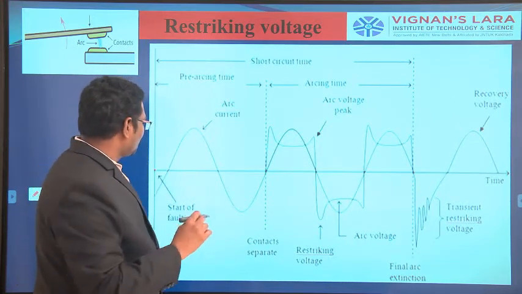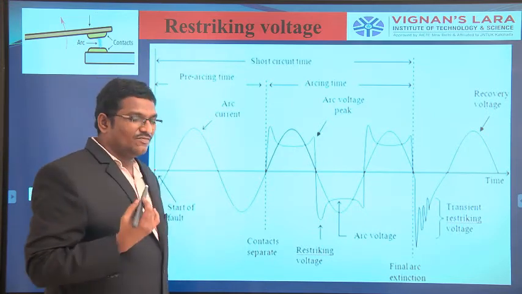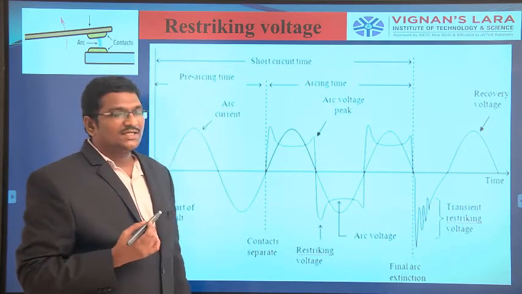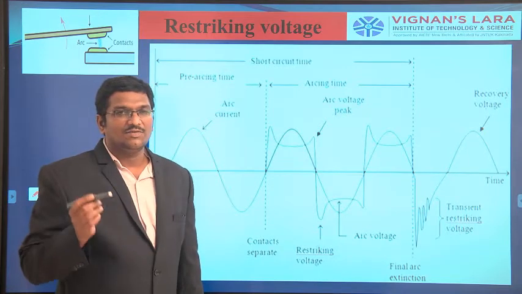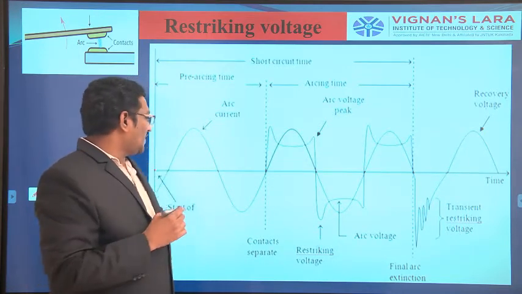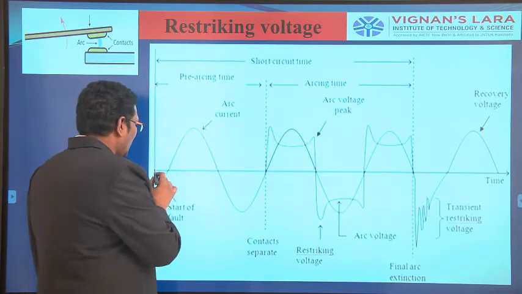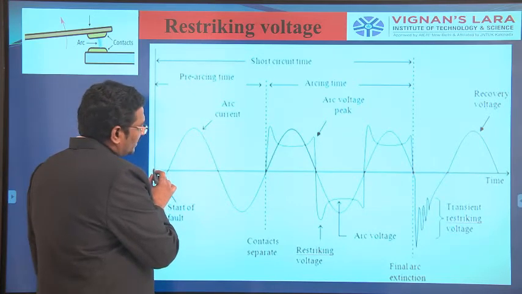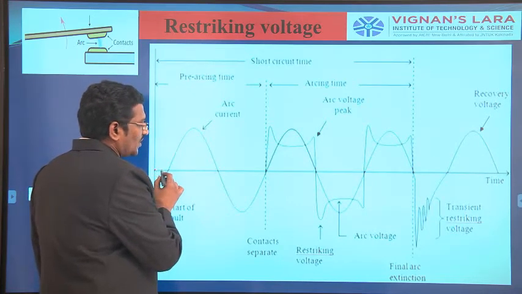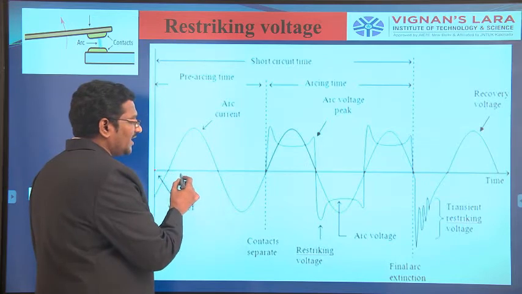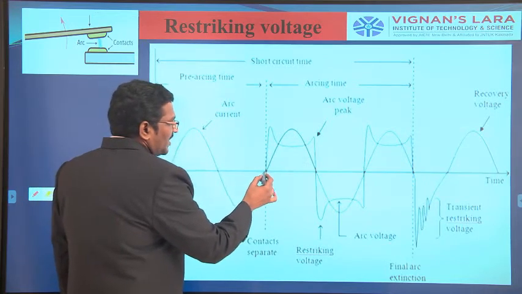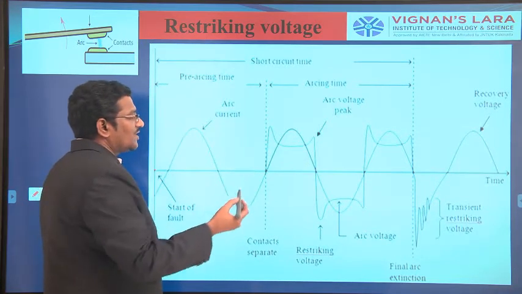Suppose if you see this, we know that before the fault, the voltage is a pure sinusoidal waveform. For example, this is the fault occurring point. It will take some time to operate the relay, and then the relay gives a signal to the circuit breaker.